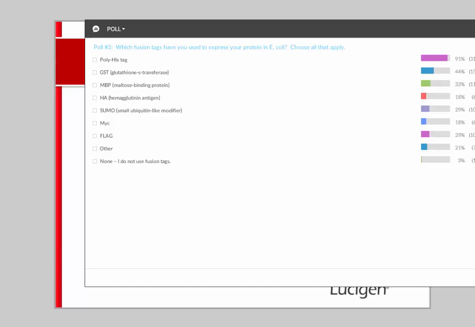His tags are a very common tag, as we can see, 84%. FLAG and GST seem very common as well, and great to see. All right, has everyone put in their last vote? All right, polyhistidine tag is the winner.